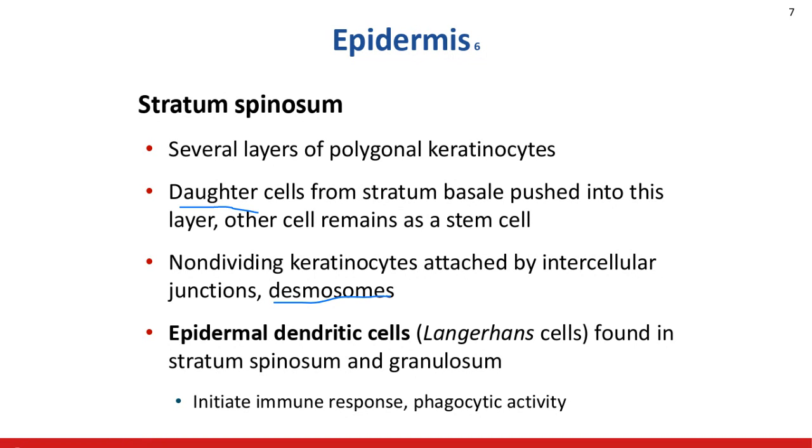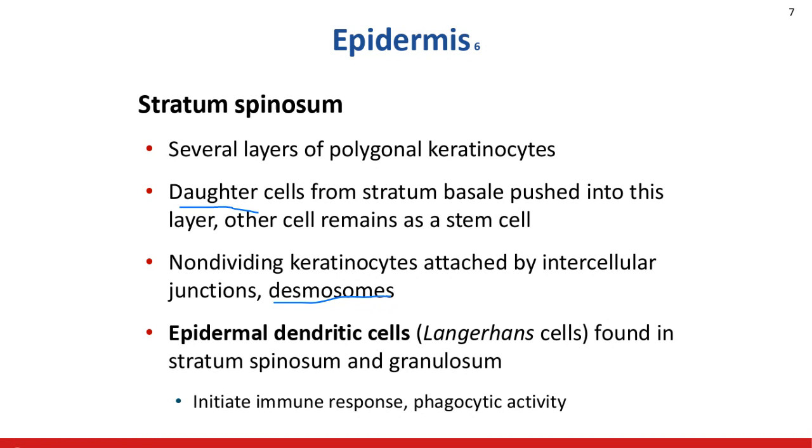They make themselves really tightly packed, which is good because we don't want stuff getting in between the cells. They hang tight with one another. So this is what happens to the keratinocytes as they advance into the stratum spinosum.